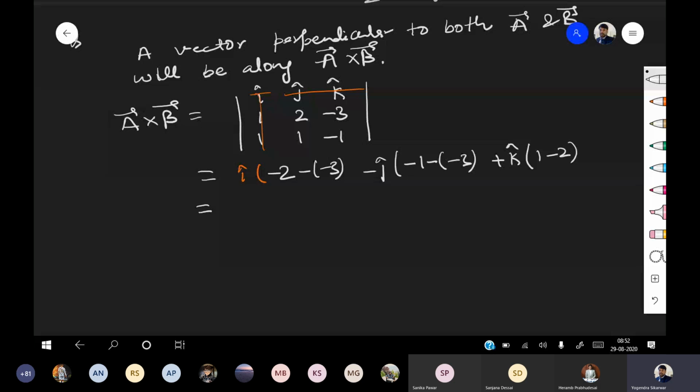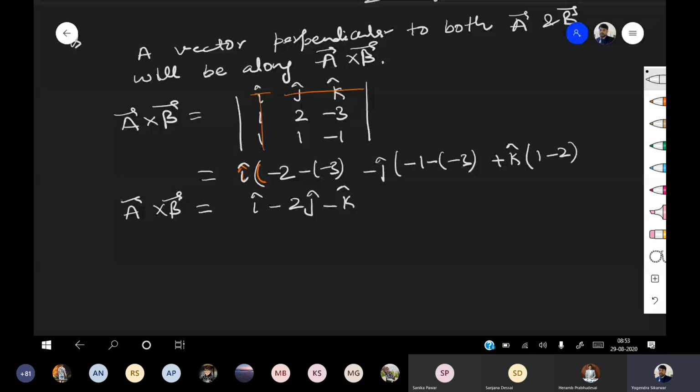So the answer comes out to be: minus 2 plus 3 becomes 1, so that is i cap. Similarly, minus 1 plus 3 will be 2, so this will be minus 2j minus k. That is A cross B. So your vector which is perpendicular to both A and B will be along this direction.